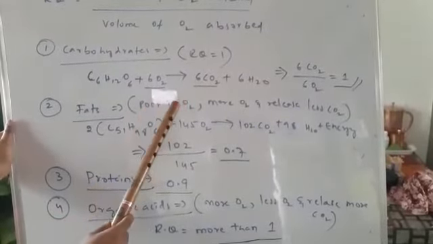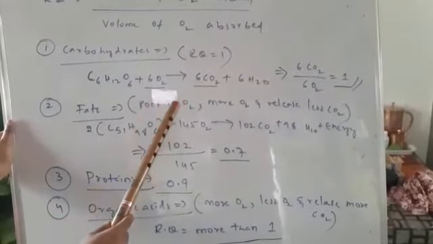These are the two important things we have to notice regarding fats. Fats are poorer in oxygen, so they utilize more oxygen during respiration and release less CO2. Because of this, the RQ value becomes less than 1.